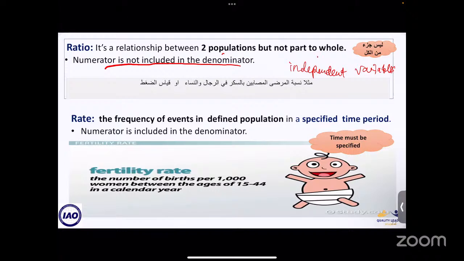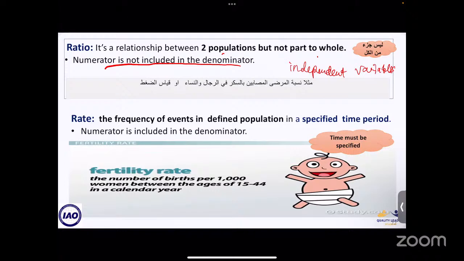Another example, males to females in a group. So what is your numerator? Male. Yes, and your denominator is the female. And they are separate groups. In a ratio, the numerator and denominator are independent and do not overlap.